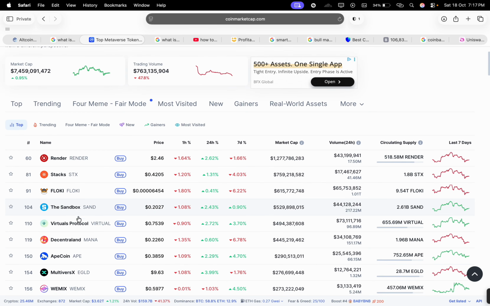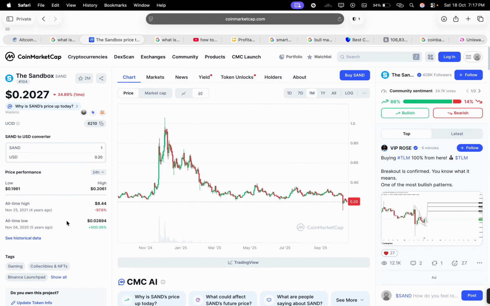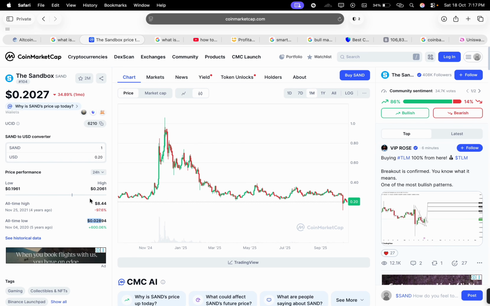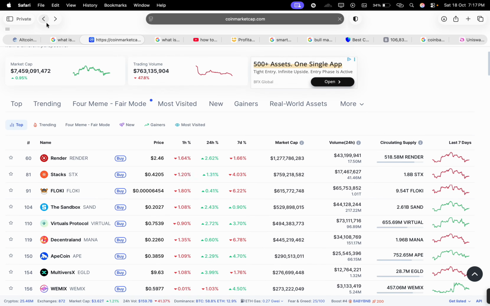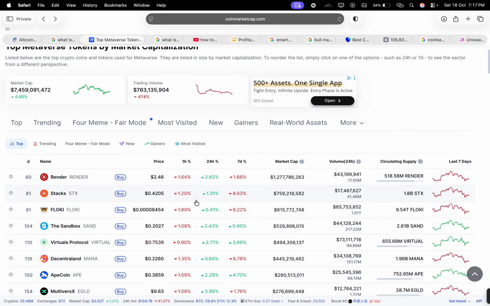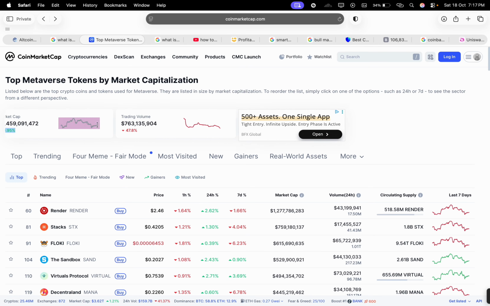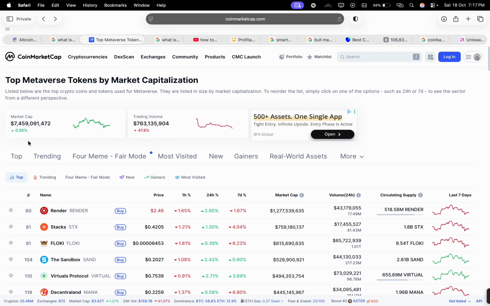Sandbox is a very famous coin here. You can see the price of this coin. The all-time low is $0.00 and the all-time high is $8.4. It's a very huge difference. Basically, crypto markets move in trends, and what is hot today may be cold tomorrow. The total market cap of these coins is $7 billion. You can see it here.